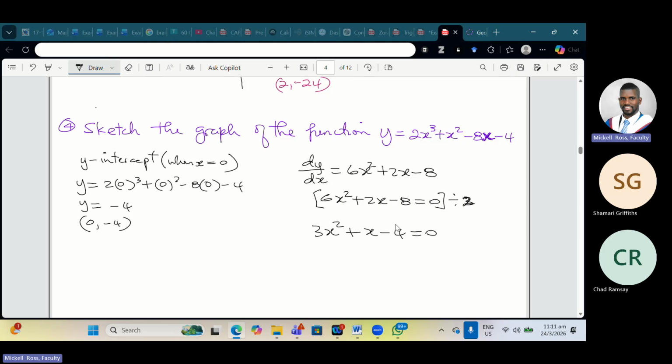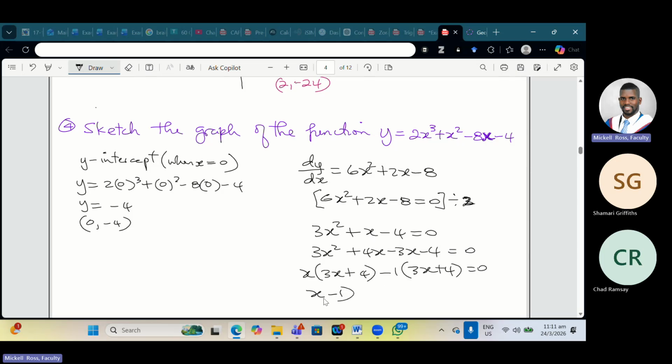All right. So we can factorize this using the factors of negative 12 that will give us positive 1. So we can say 3x squared plus 4x minus 3x minus 4 equal to 0. x(3x plus 4) minus 1(3x plus 4).